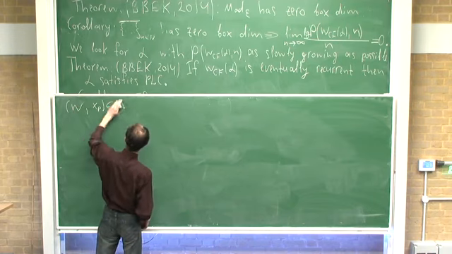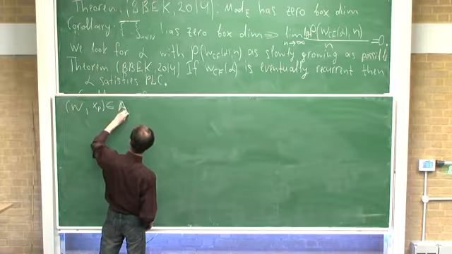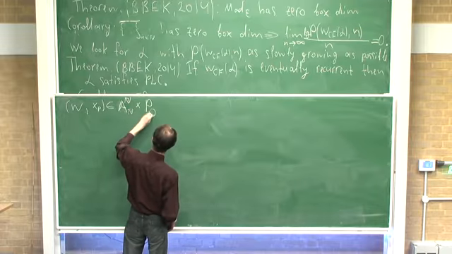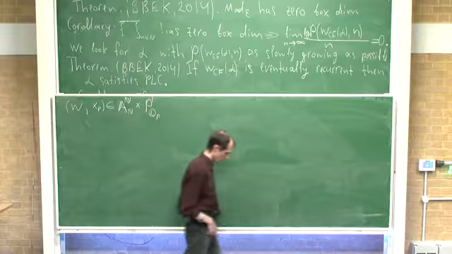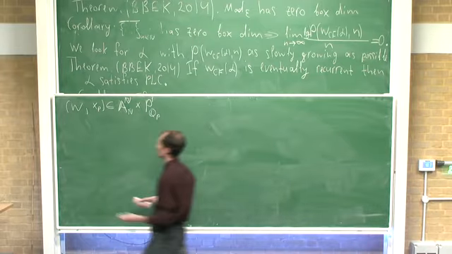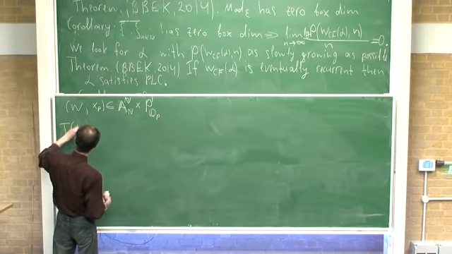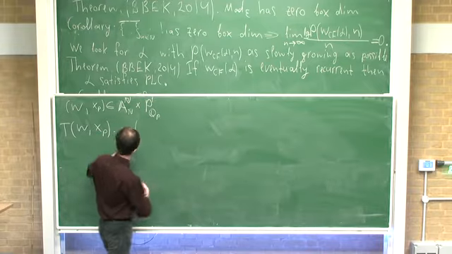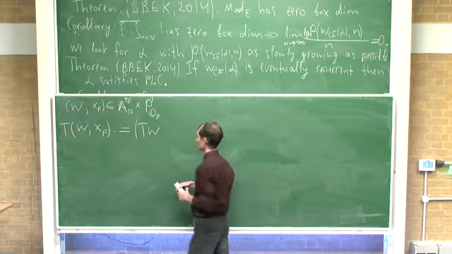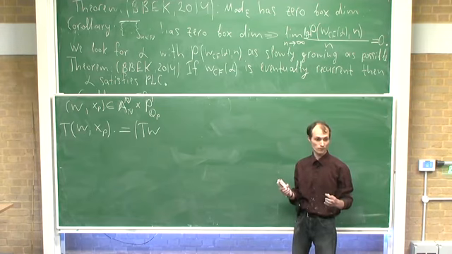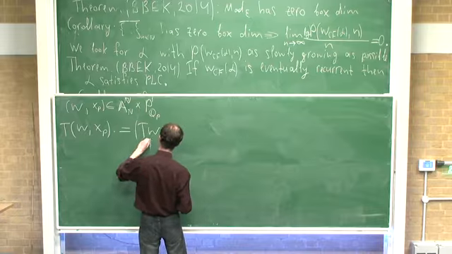So the first one is the infinite word. This one is the projective point, and we do the following map. T of (W, X, P) is defined as follows. For the word, it works like a standard left shift.